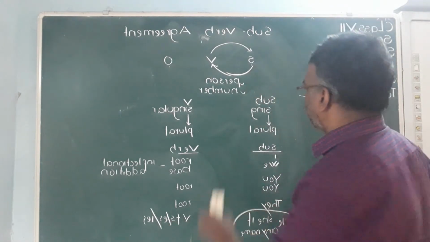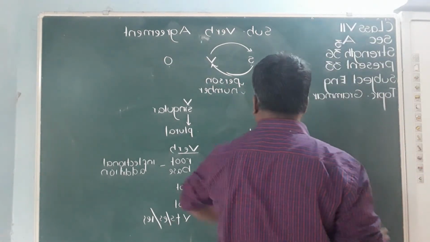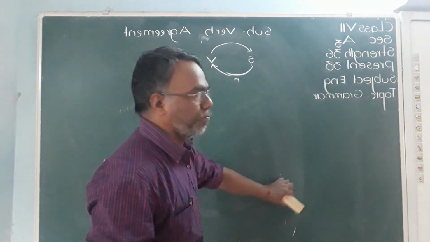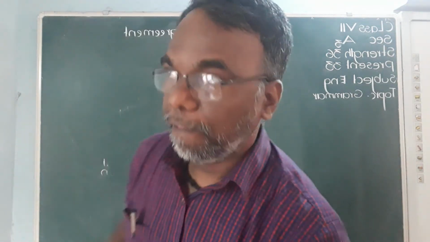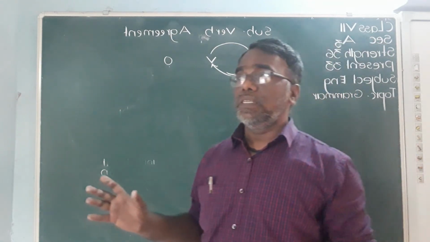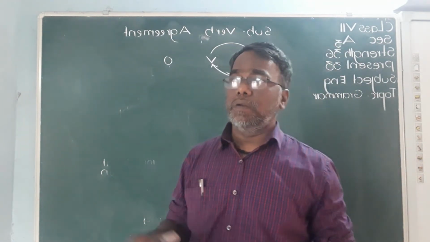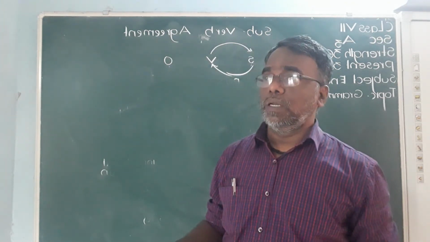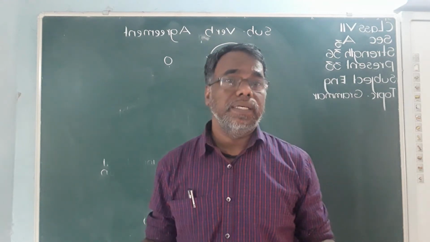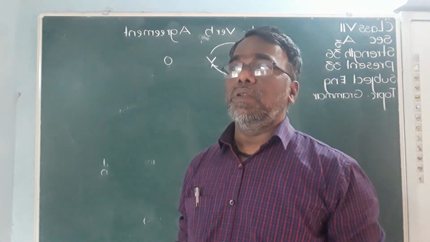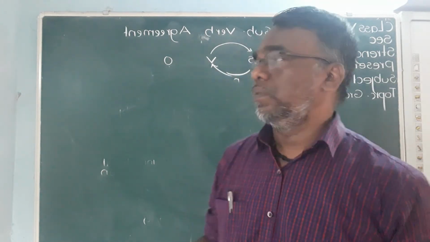Now let us discuss subject verb agreement in number in brief detail. When the subject is singular, the verb has to be singular. When the subject is plural, the verb will be plural. When we come across a sentence, the first thing to do is to know whether the subject is in singular or plural form.